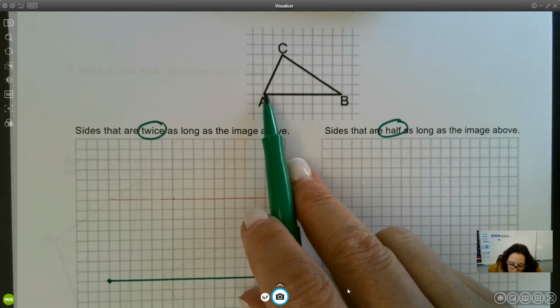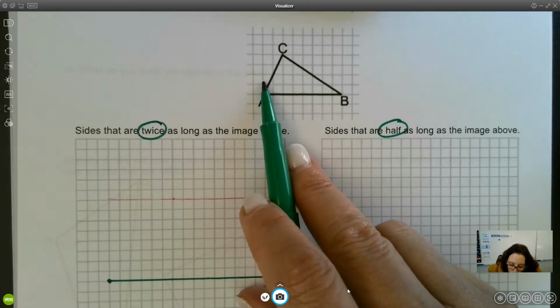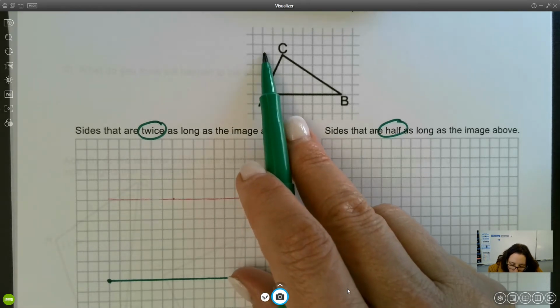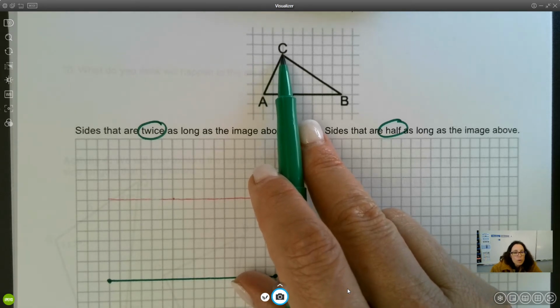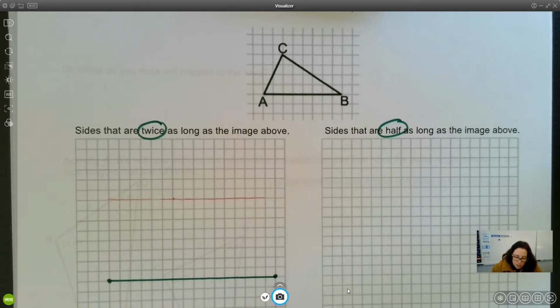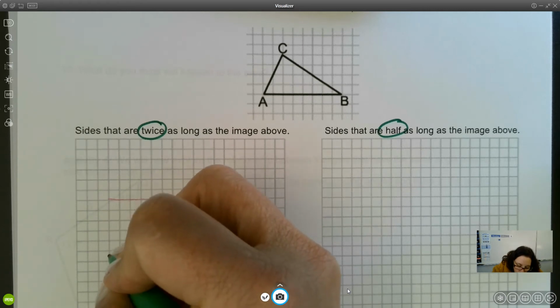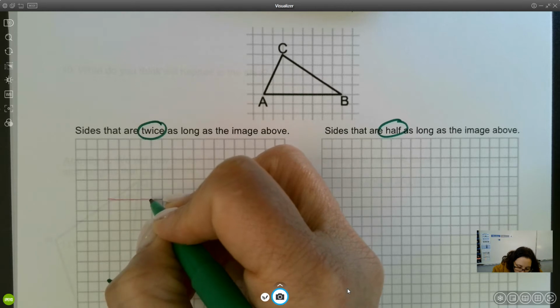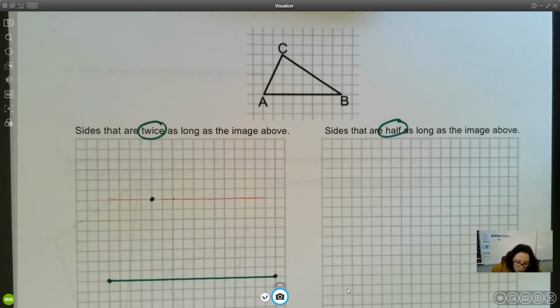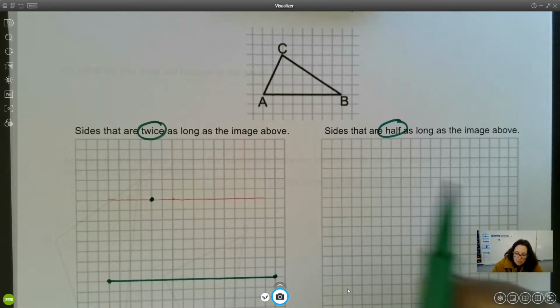So if this is 1, 2, 3, 4 up and 2 to the right, we better go 8 up and 4 to the left. 1, 2, 3, 4, 5, 6, 7, 8. 1, 2, 3, 4. Okay, so let me say that again.